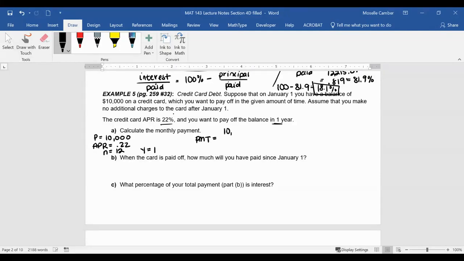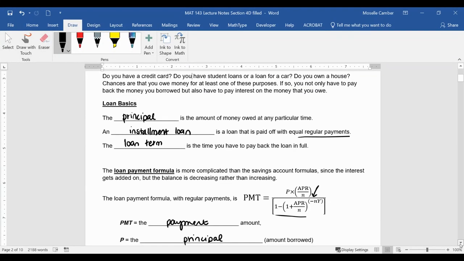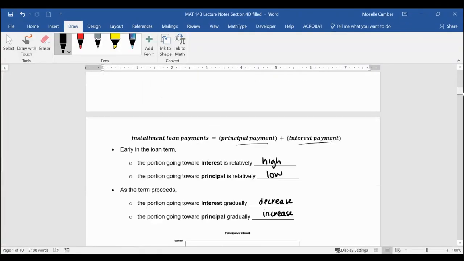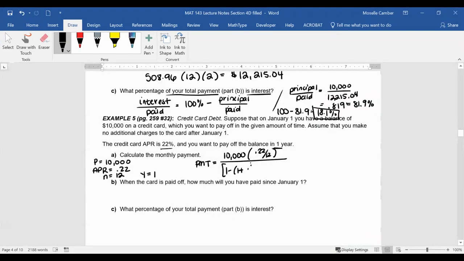So my payment here, I have 10,000 times my APR divided by my n, all over 1 minus 1 plus 0.22 divided by 12 raised to the negative n times y. And I get a payment of $935.94.